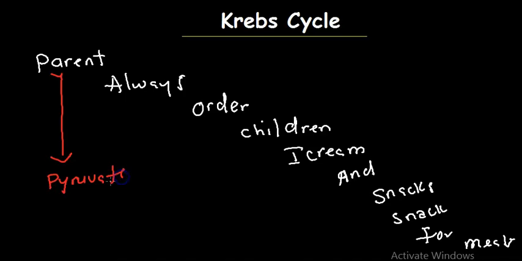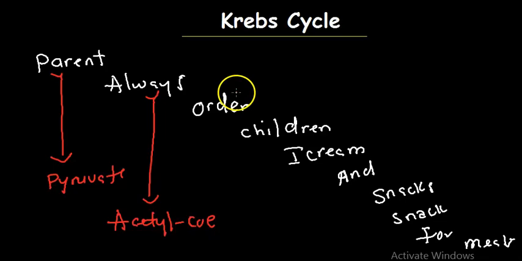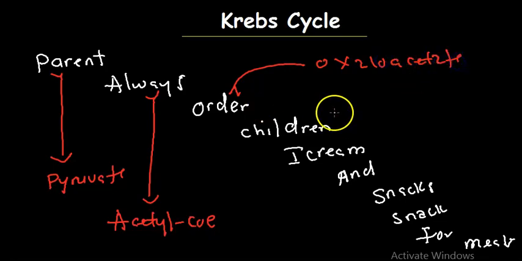What is pyruvate? This is simply the 3-carbon molecule, but we are going to look at that later. What about the A? This is the acetyl-CoA. So here we have the order, which is oxaloacetate. And here we have this C, which is the citrate.